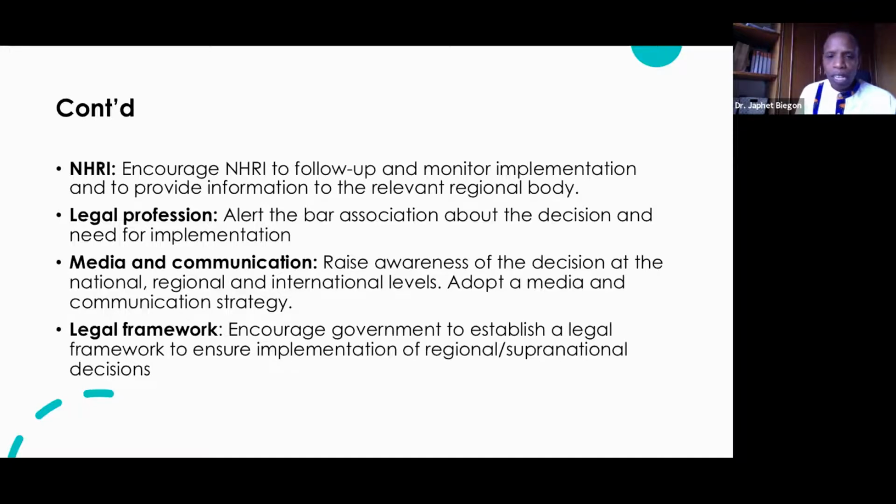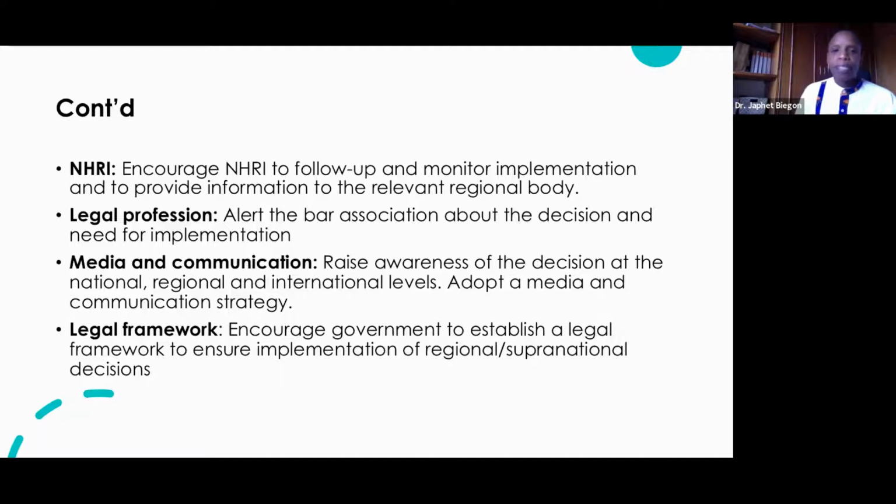The jury is still out whether this is applicable, but we have seen in certain instances like the SADC Tribunal, the legal framework in South Africa being used to execute an order of the SADC Tribunal, of course, with the disastrous consequences leading to the suspension of the SADC Tribunal.